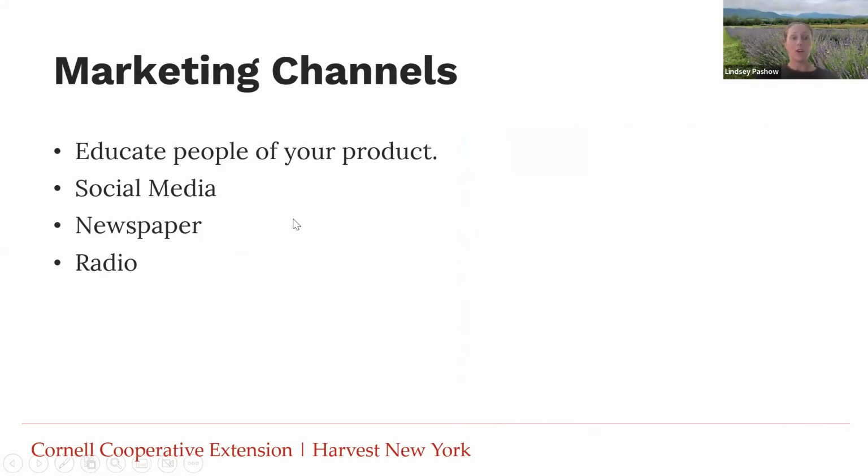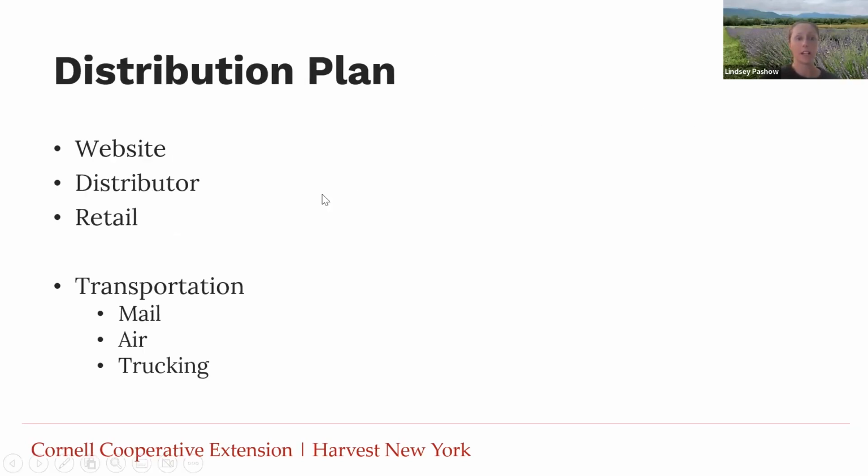And so for marketing channels, where are you going to be marketing your product, and where are you also going to be selling it? Having a distribution plan: you're going to be selling through a website, a distributor, a retailer, and then how are those products going to be distributed?